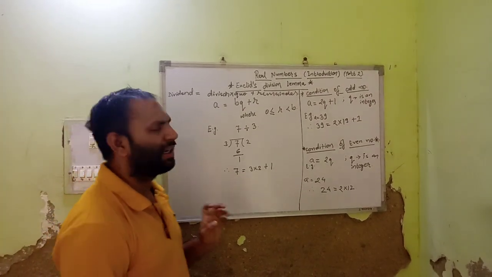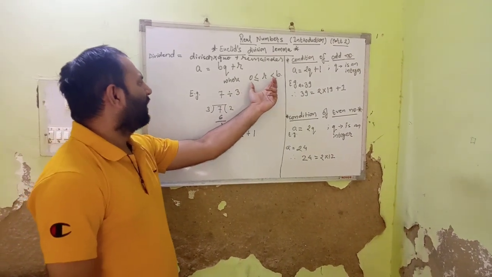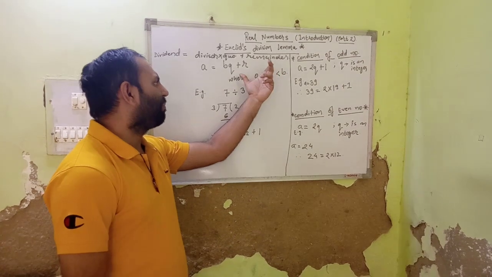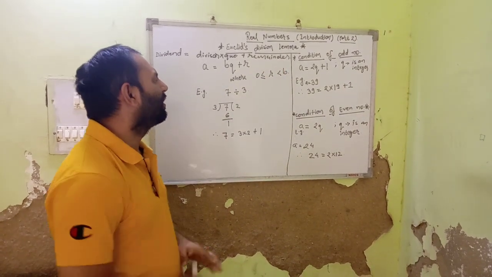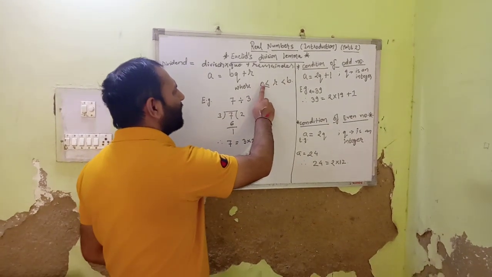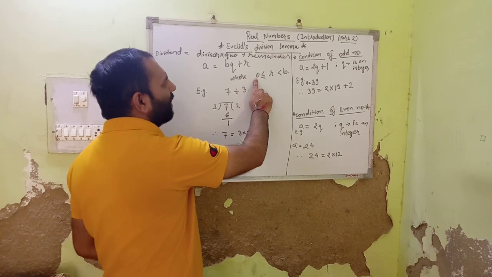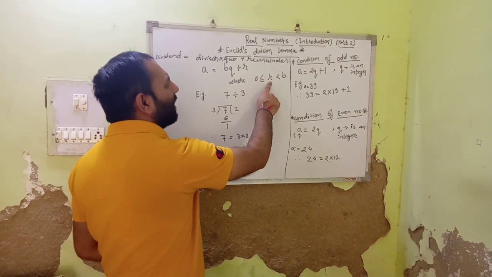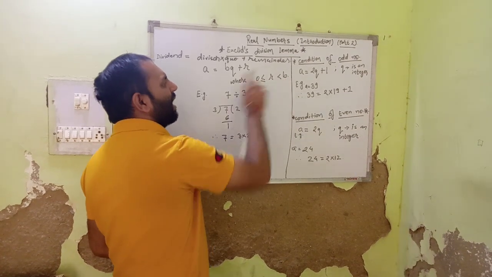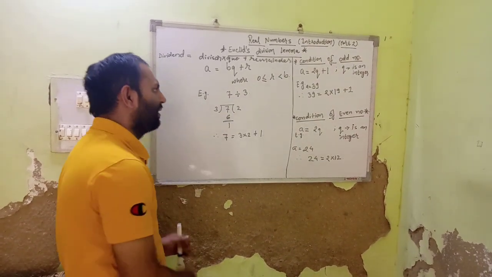Whenever we apply this condition, the key thing to look out for is that the remainder is greater than or equal to 0, but strictly less than b. It could be equal to 0, but it has to be less than b.